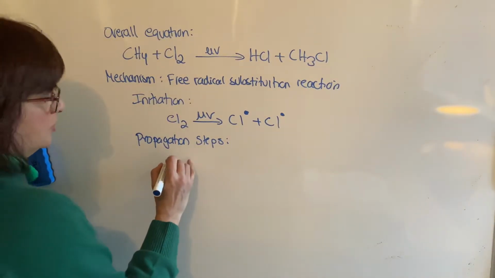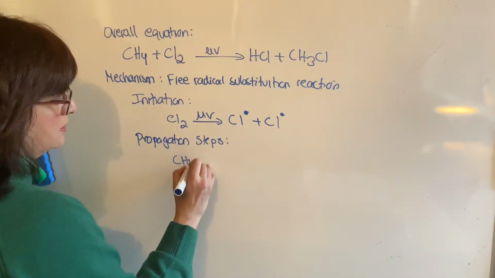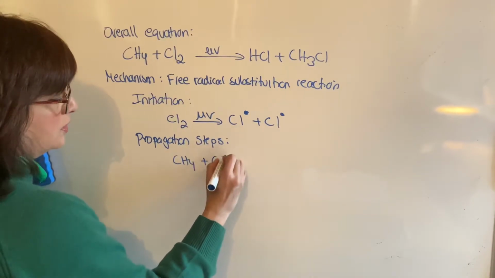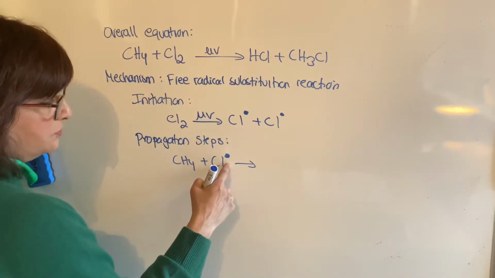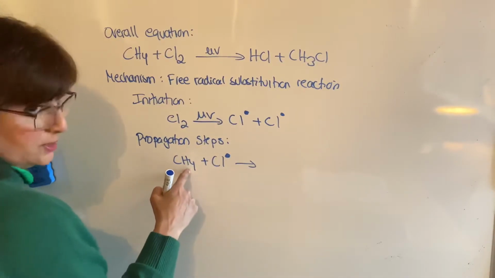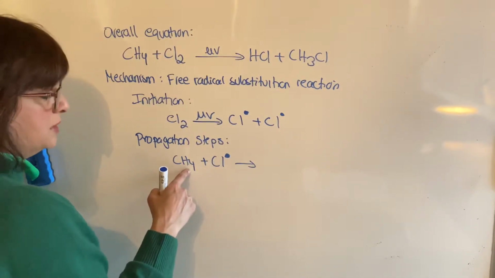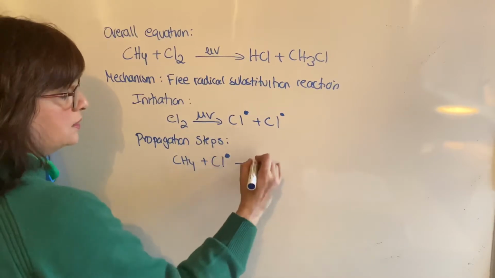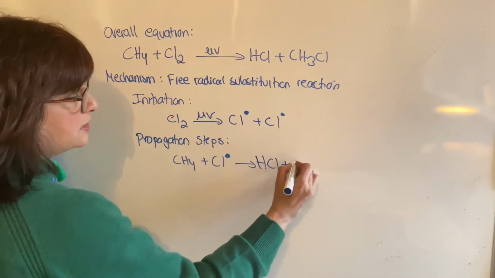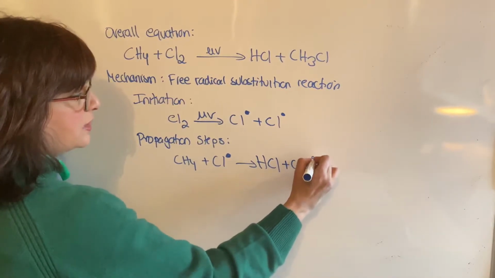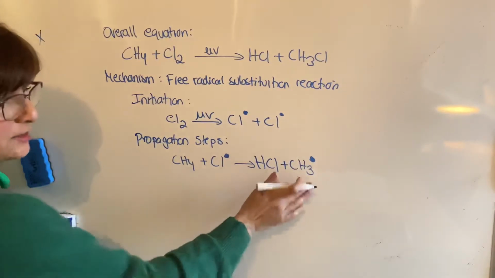You have your methane reacting with your free radical. The free radical is very reactive, and it wants to steal one of the hydrogens from this methane molecule. So it steals one, forms HCl, so it's happy now, and then leaves the CH3 free radical. Very reactive there.